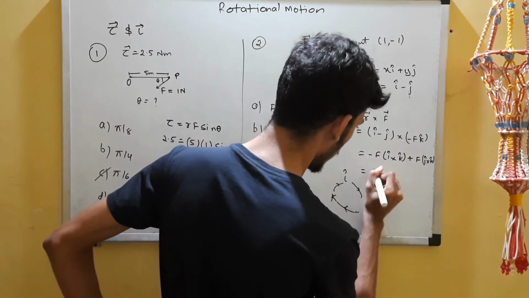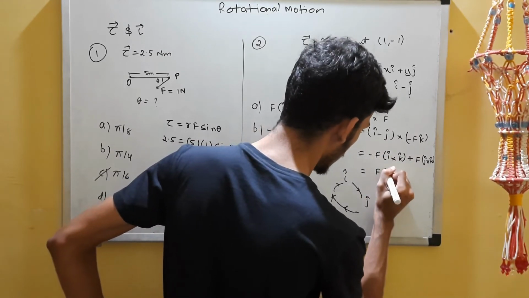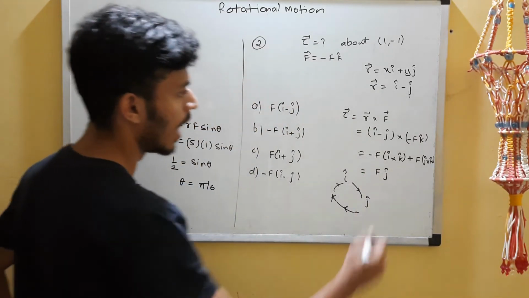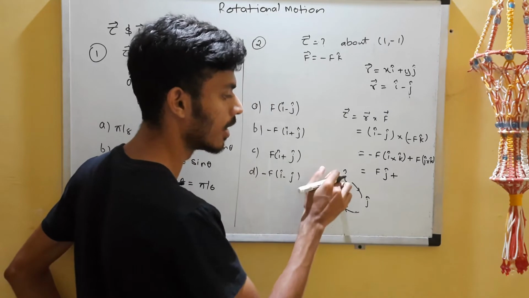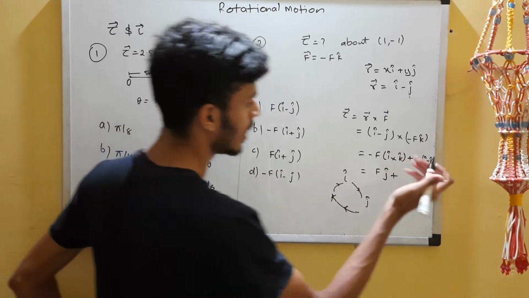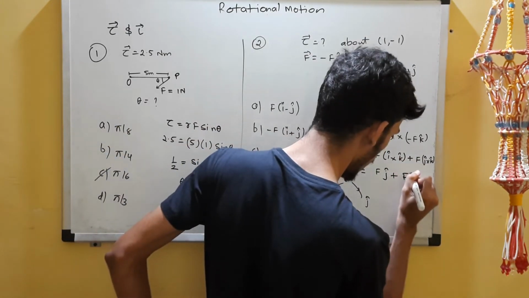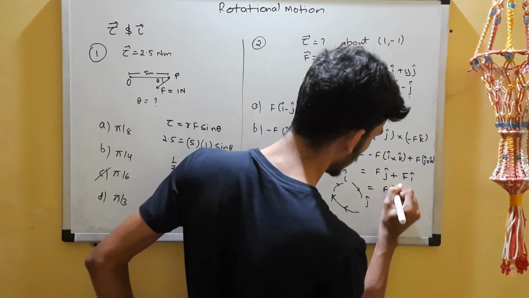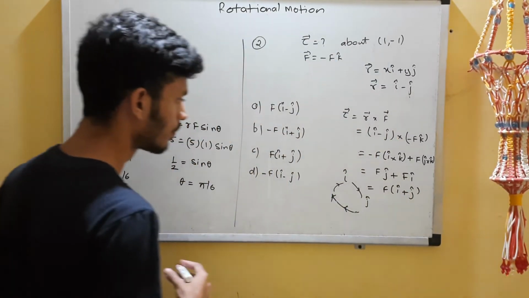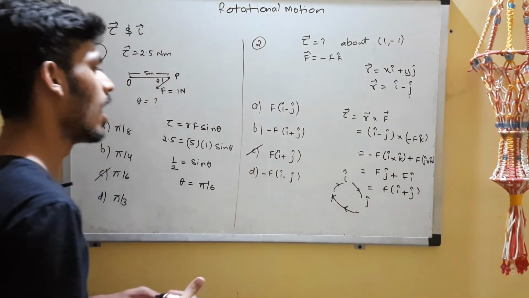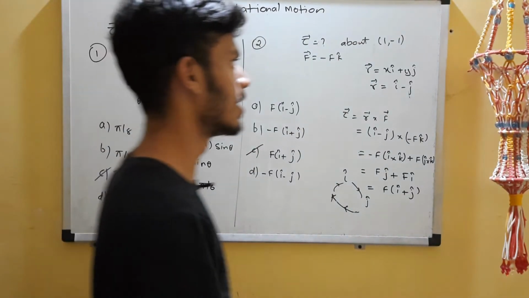So F, and this minus sign will neutralize with it. So F j cap, and here you'll get j cap cross k cap. So j cap cross k cap will give you i cap, and it's in the same direction, so positive. So F i cap. Now you can take F common and write it as i cap plus j cap. So option C, F times i cap plus j cap, is the correct choice over here.